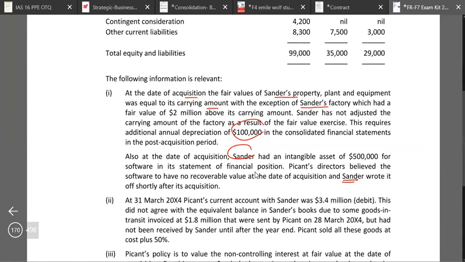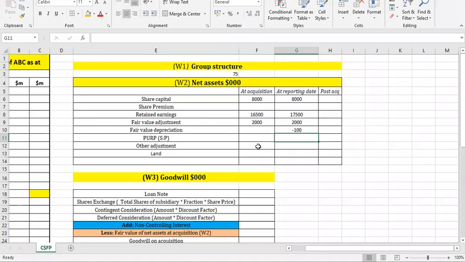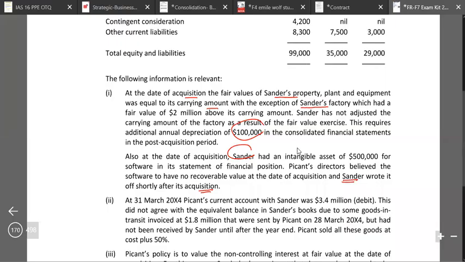That means it should not be represented at the reporting date because it was written off, but at acquisition it was still available in the books. So we will only do the adjustment of 500 at the date of acquisition, because you have to see this point: they have written that Picant's directors believed that the software had no recoverable value at the date of acquisition, and sender wrote it off.